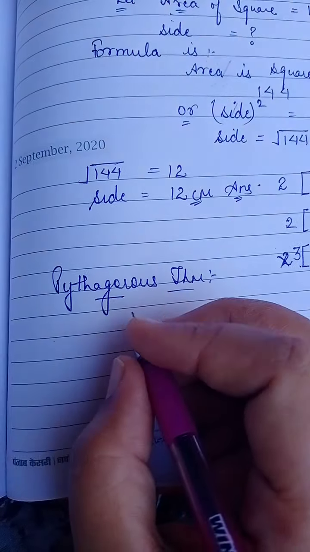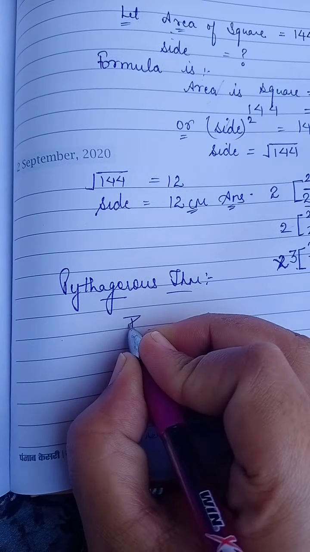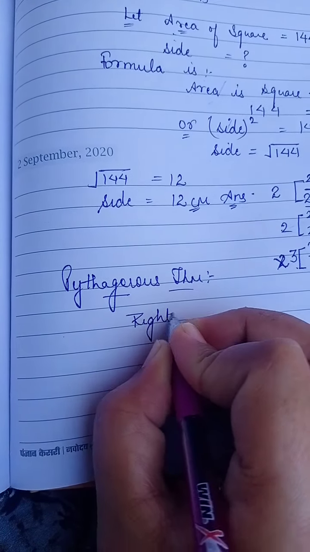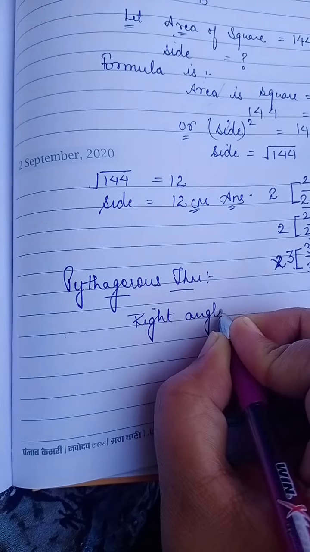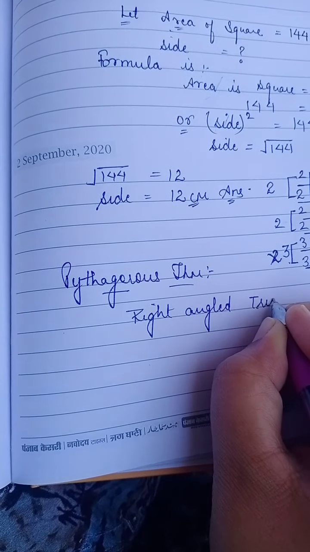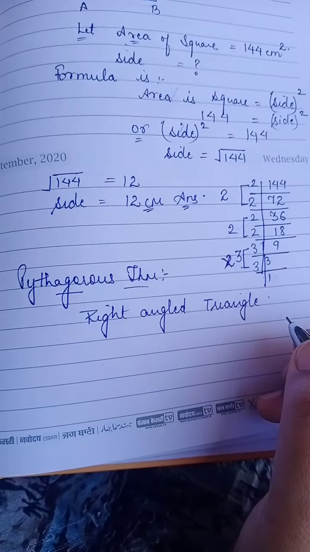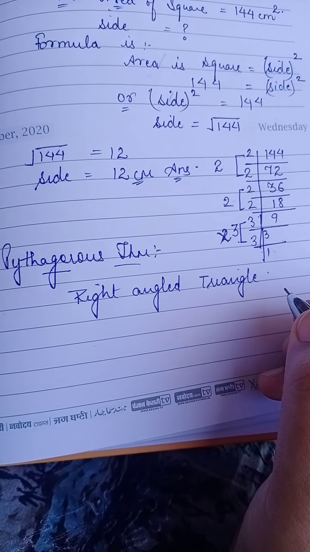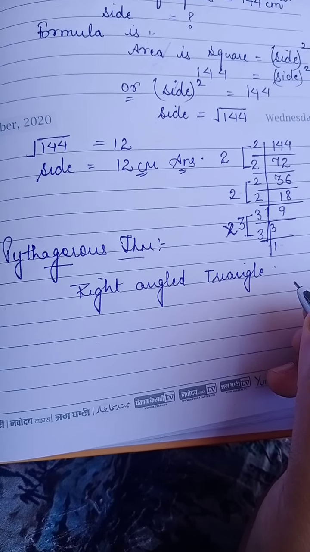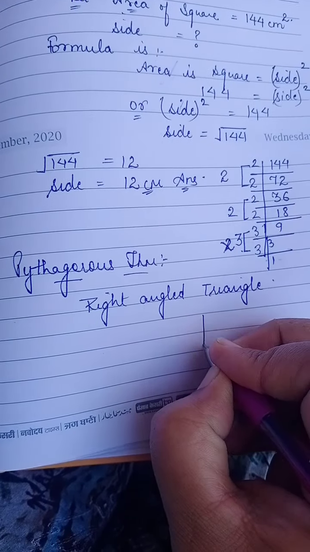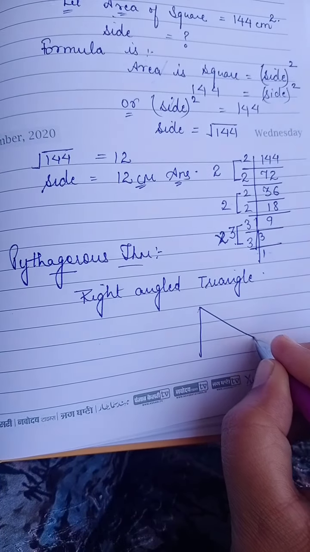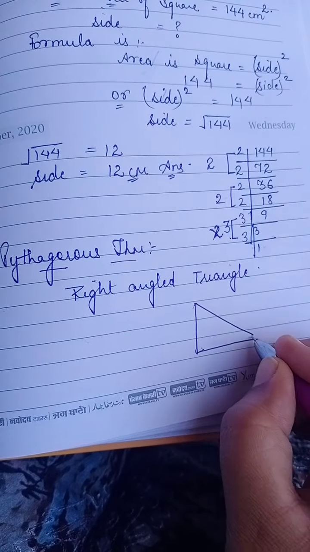Of which type of triangle? Right angled triangle. This is the condition. If there is no right angle, the Pythagoras theorem is not applicable. You can see, beta, a diagram like this is given to you.